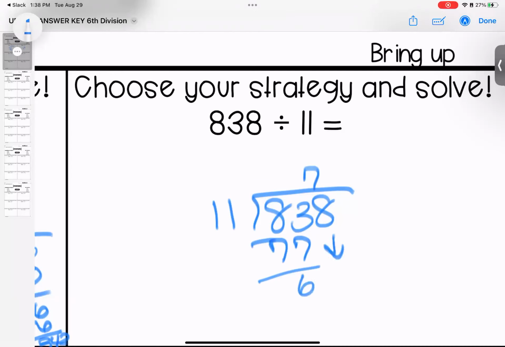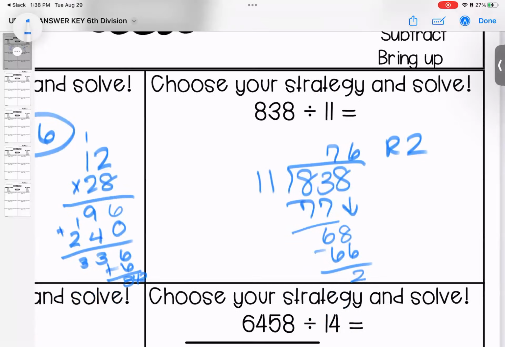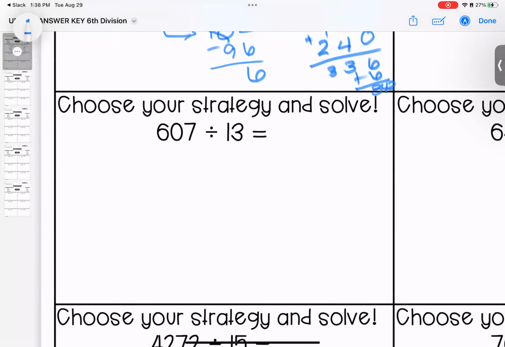So I'm going to go ahead and bring down my 8. How many groups of 11 can I take out of 68? The closest I can do is 6 because 6 times 11 is 66. Subtract, I'm left with 2. That is my remainder. If I went in and did 76 times 11, I get 836. Add my 2, 838. I always have a strategy to check my work.